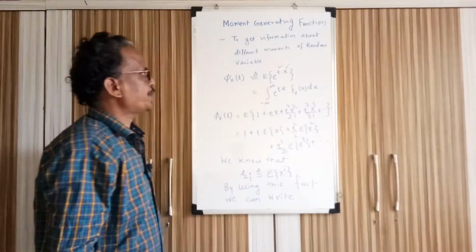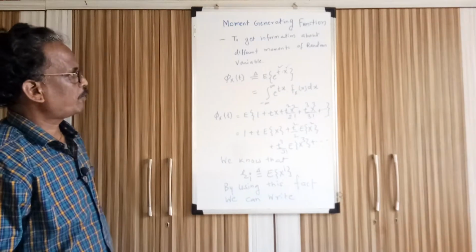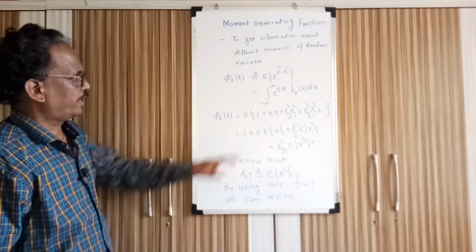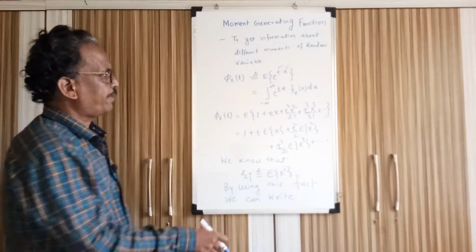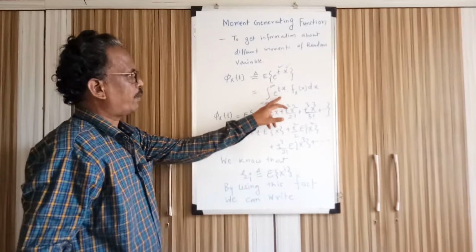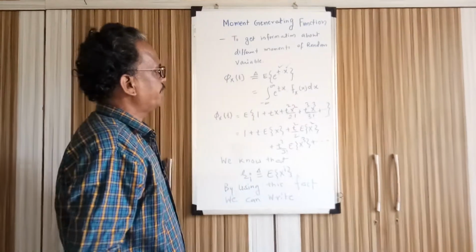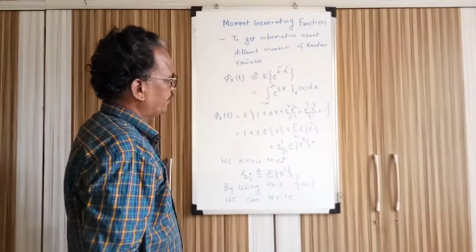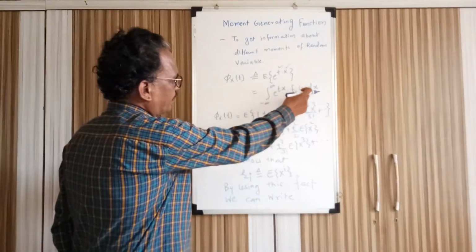You can find this value by using e to the power tx, t is an arbitrary constant, times f x of x dx.